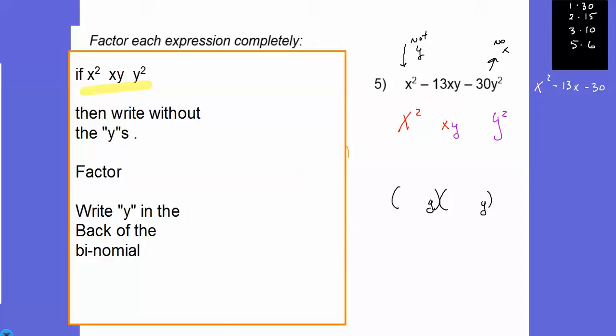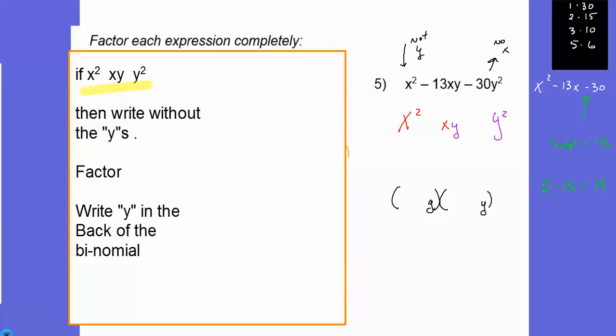What I need to do in this particular case is subtract to make negative 13. 1 subtract 30 is not going to work. 2 subtract 15: 2 minus 15 does in fact equal my negative 13.